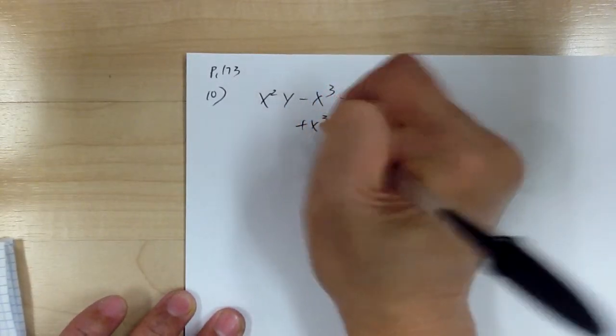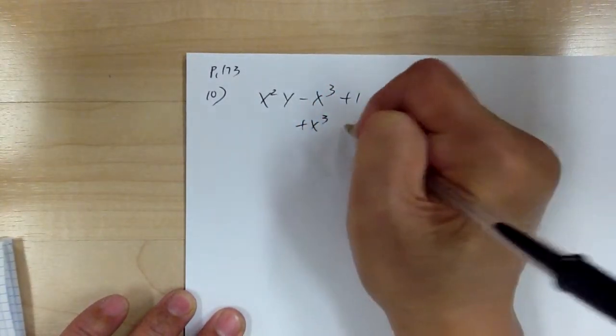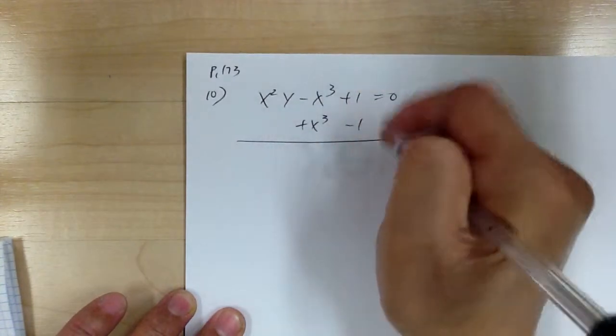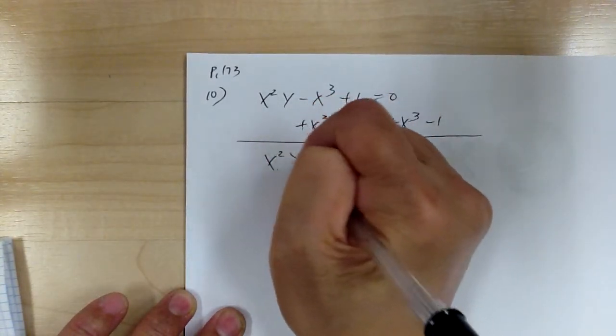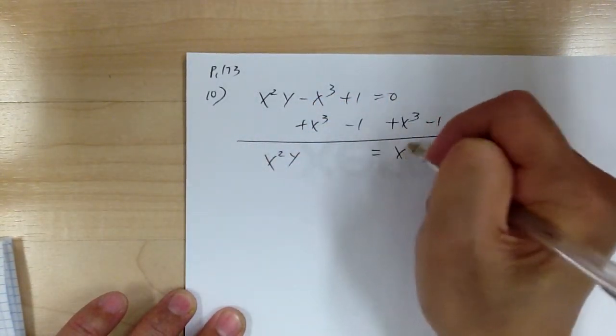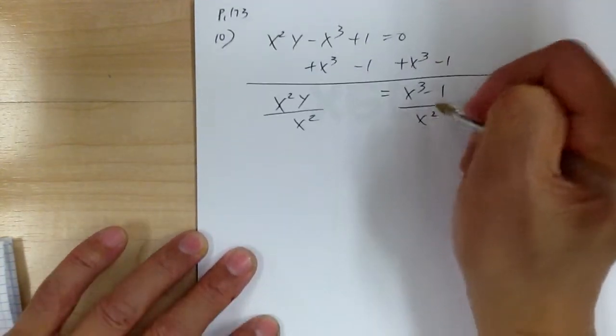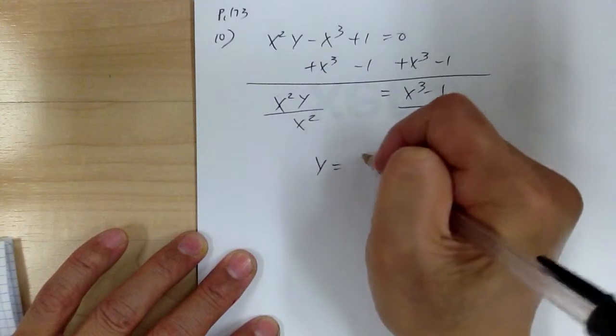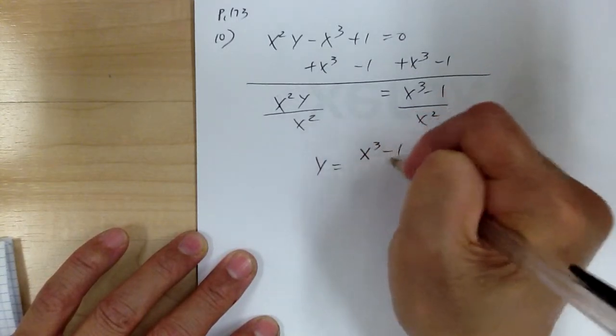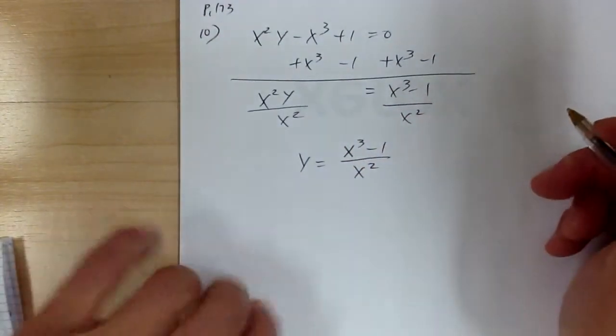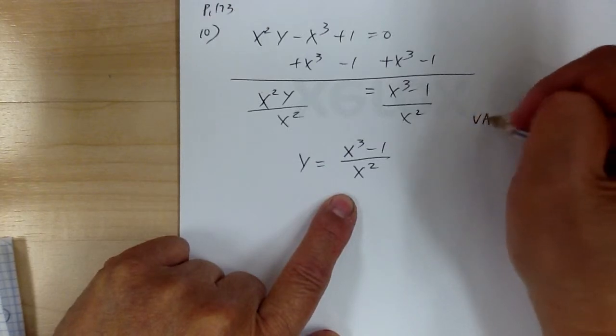So plus x cubed, plus x cubed, minus 1, minus 1. So you have x squared y is equal to x cubed minus 1. Then you divide by x squared, divide by x squared. So you've got y equal to x cubed minus 1 over x squared. Let's go and get all this information.